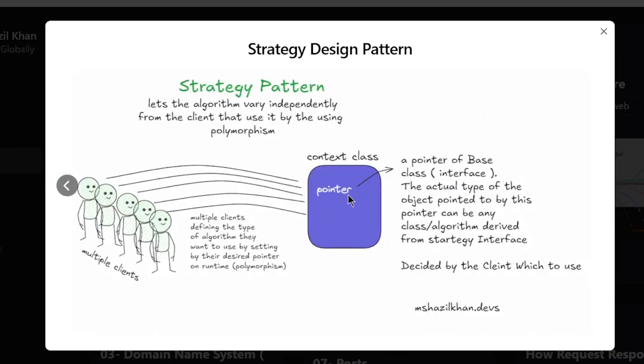Here it is written that for a pointer of the base class interface, the actual type of the object pointed to by this pointer can be any class algorithm derived from the strategy interface.